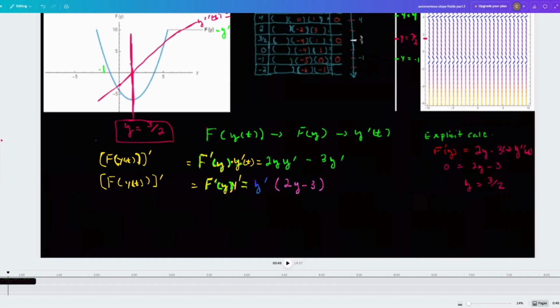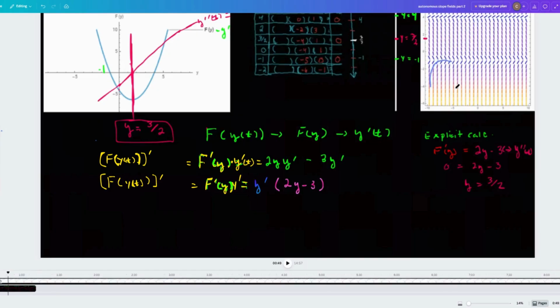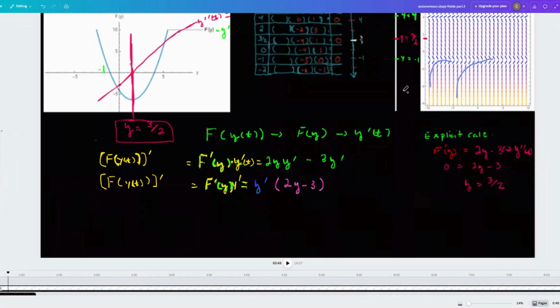If we look at the graph, at everything before -1, we can see in our autonomous field that it seems to be concave down for sure. So that's going to be somewhere in here, right? We'll see possible concave down solutions for our solution curves, correct?